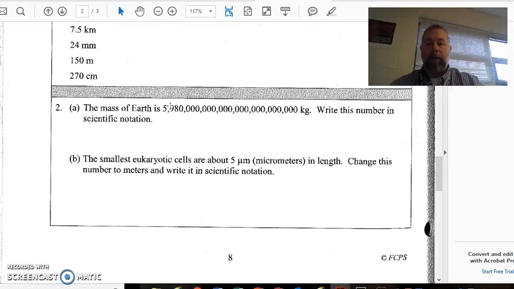If you counted starting right here and went all the way down, you're going to have 24 spaces starting here at 1. If you wrote a number above each of these, by the time you got here, that'd be 24 spaces. So 5.98 times 10 to the 24th. Okay? That would be the way that you would write this out.